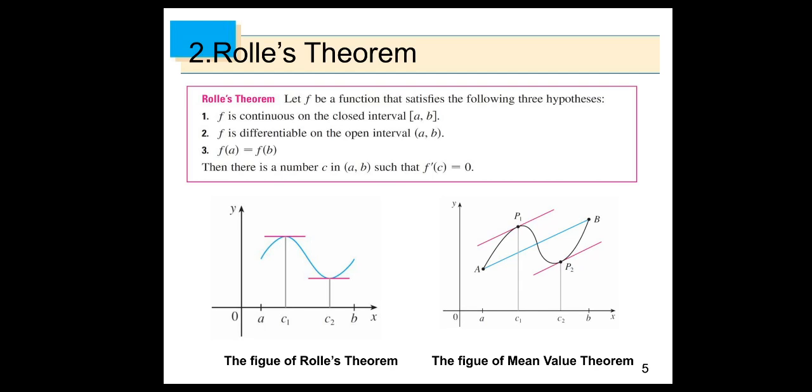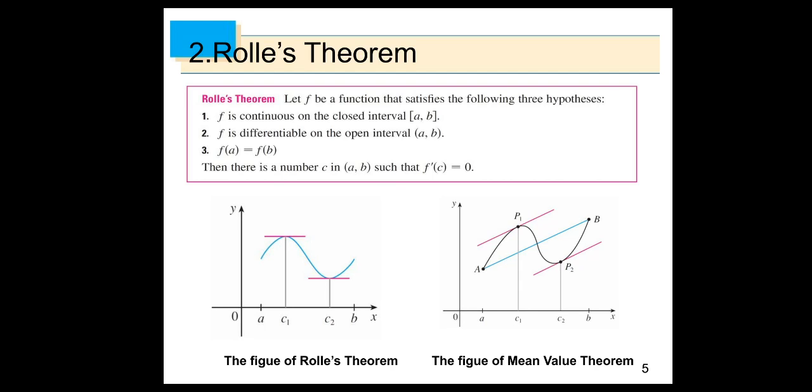Rolle's theorem says: let f be a function that satisfies the following 3 hypotheses. First, f is continuous on the closed interval [a, b]. Second, it should be differentiable on the open interval (a, b). Just continuous is not enough, it must be differentiable. And third, f of a should be equal to f of b.